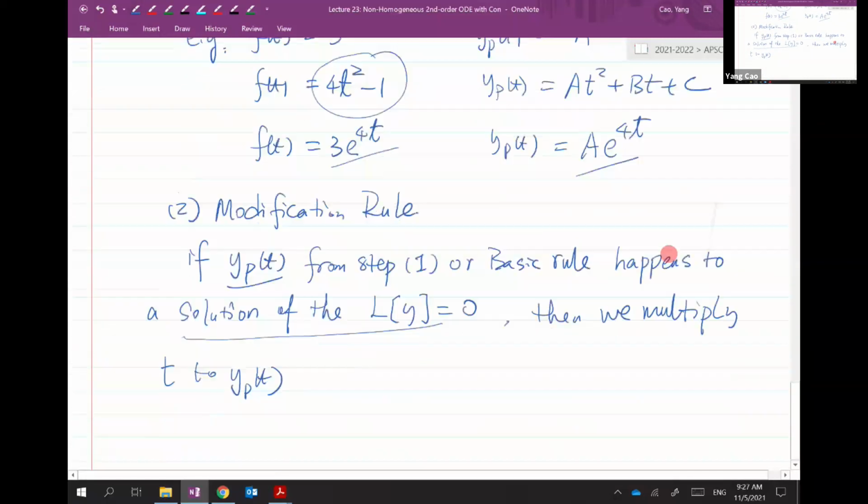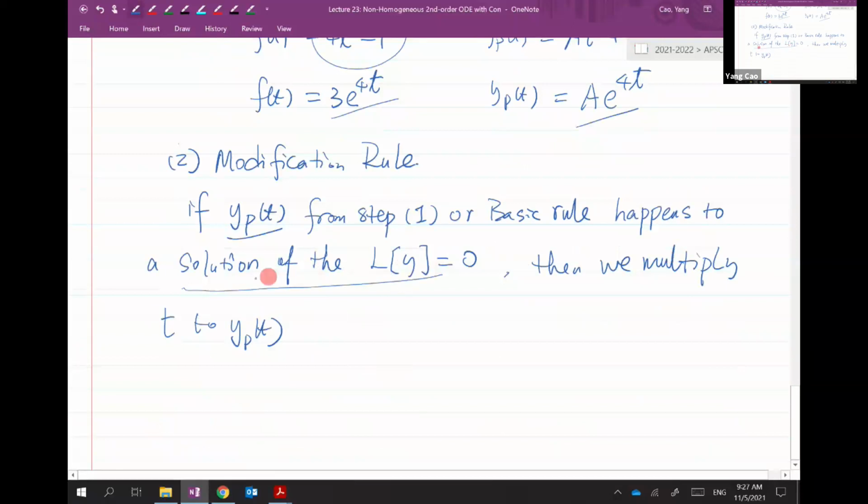Then you find out that the solution to the homogeneous one is, for example, lambda 1 equals 4, maybe lambda 2 equals 5. So your homogeneous solution is C1 y1, where y1 is e to the power 4t, and y2 is e to the power 5t. These 2 are the solutions to the homogeneous equation.